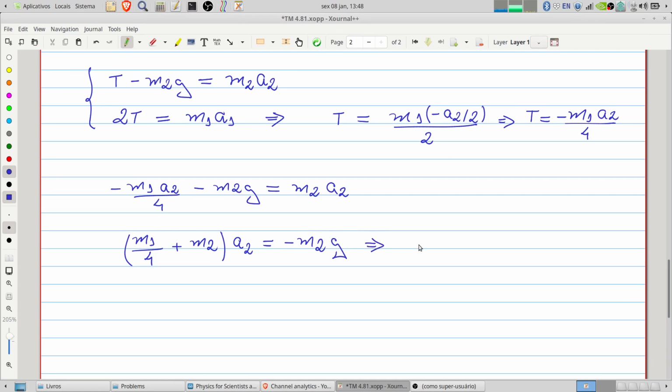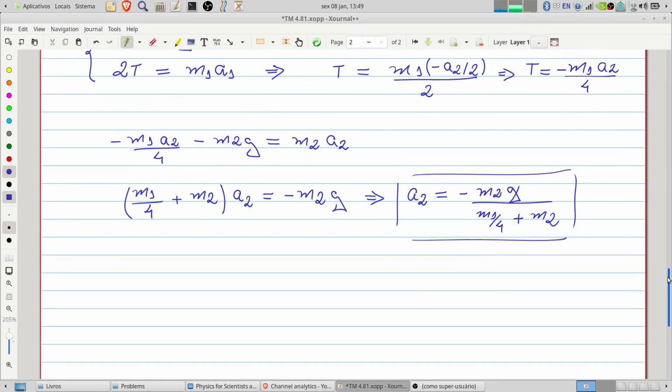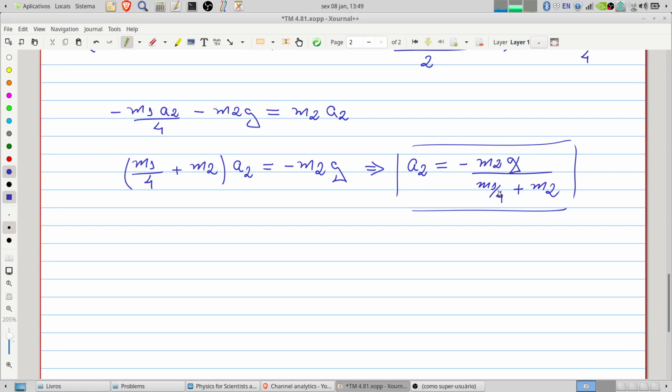Therefore, the acceleration of block 2 will be minus m2 times g divided by m1 divided by 4 plus m2. This is the acceleration of the block of 5 kilograms.